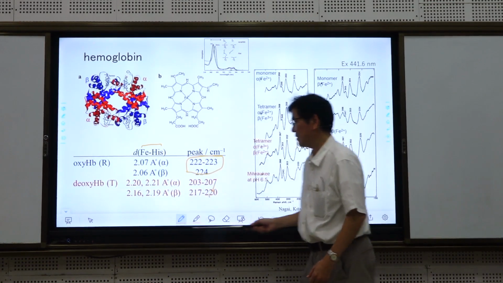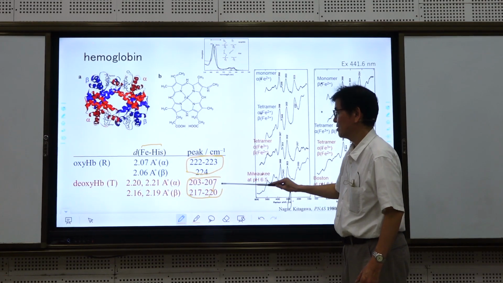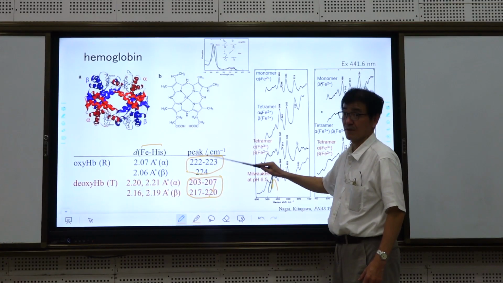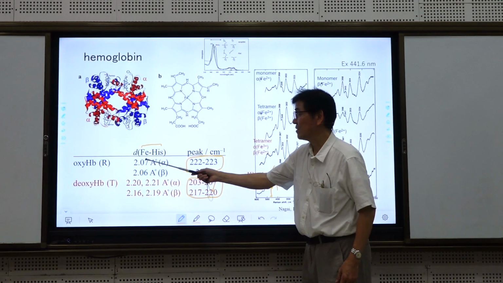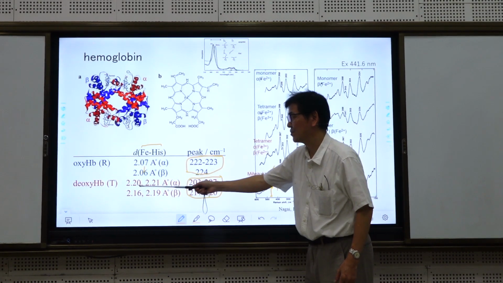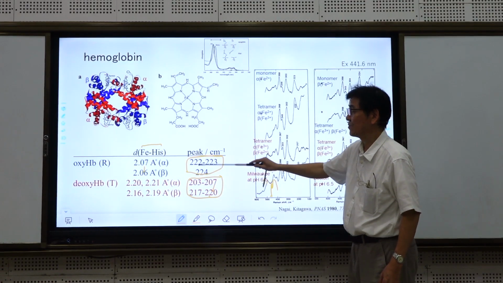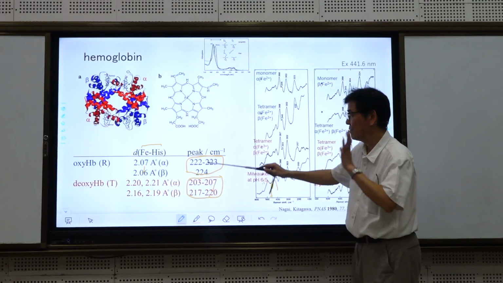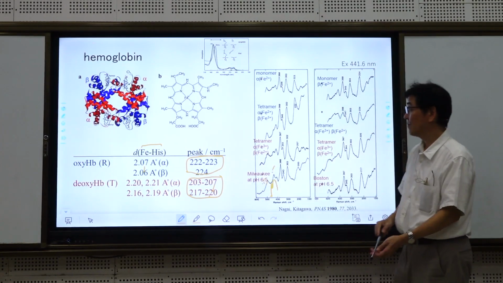In the case of deoxyhemoglobin, the peak position is clearly different from these numbers. Even though the distance difference is considered to be less than 0.2 angstrom, the vibration frequency sharply detects the structural change.